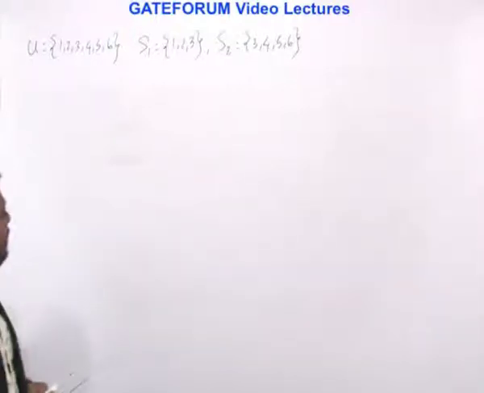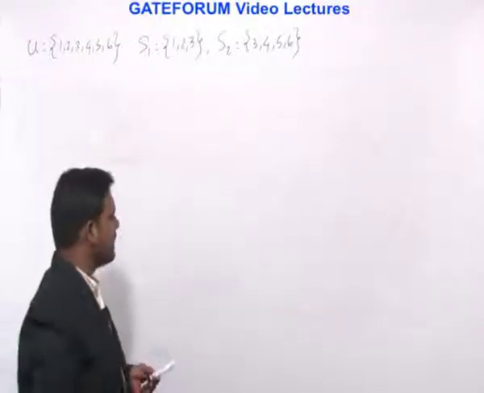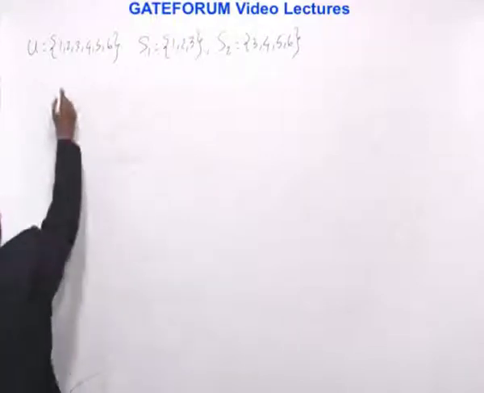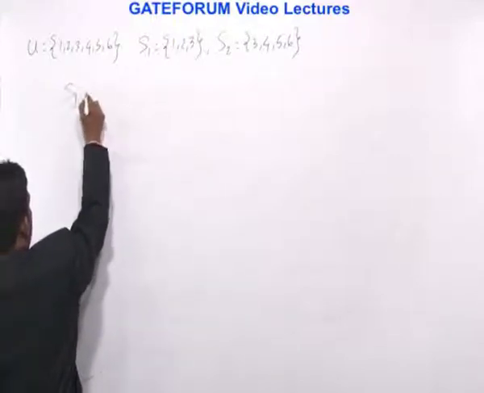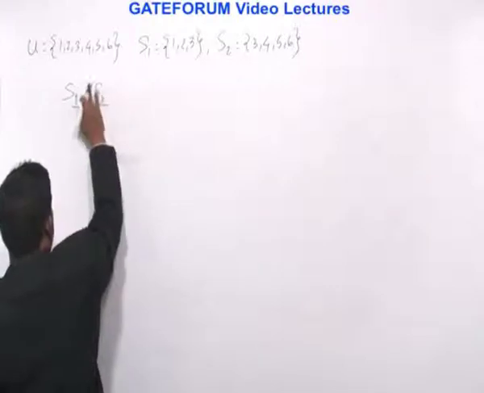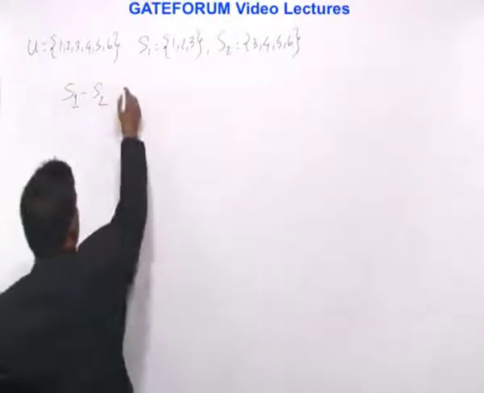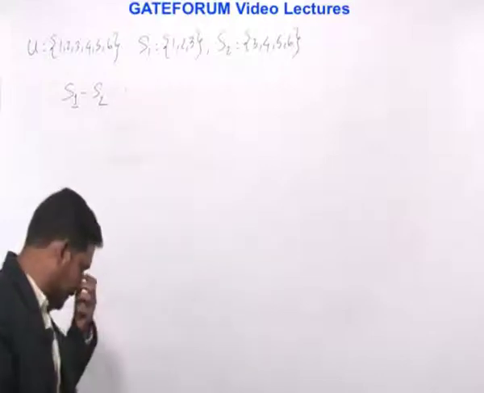So the last thing is symmetric difference. Set difference, symmetric difference, S1 minus S2. I didn't introduce it earlier, but let's take S1 minus S2. Now symmetric difference is a definition.